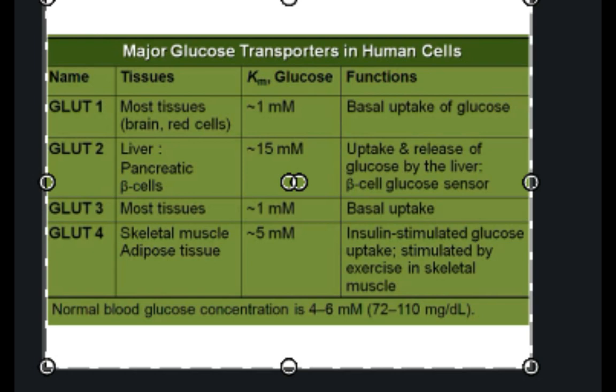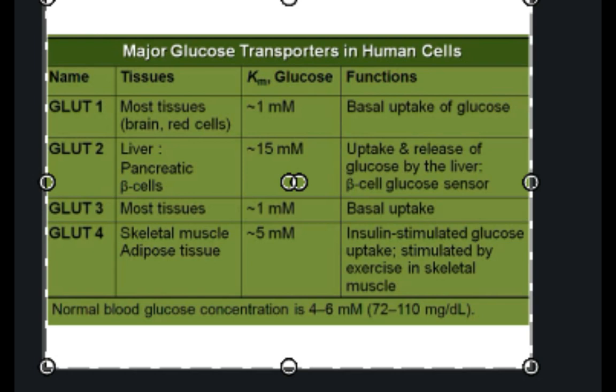While glucose transporter 2 is present on liver and beta cells of the pancreas, which are responsible for managing the extra amount of glucose, so they have a very high Km value. It is made so uniform that it can manage an extra amount, meaning 3 times the normal amount of glucose.